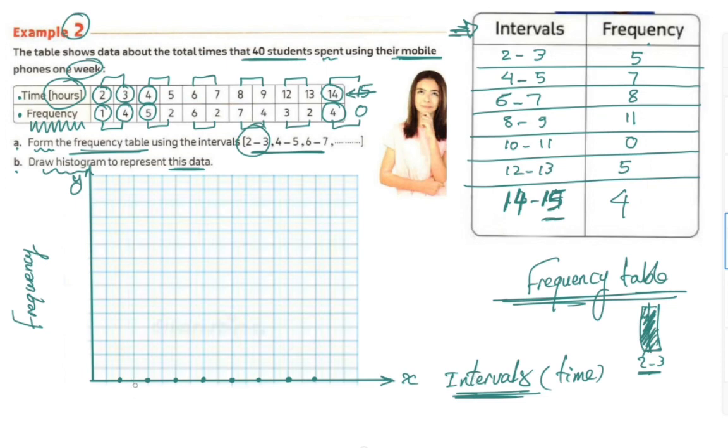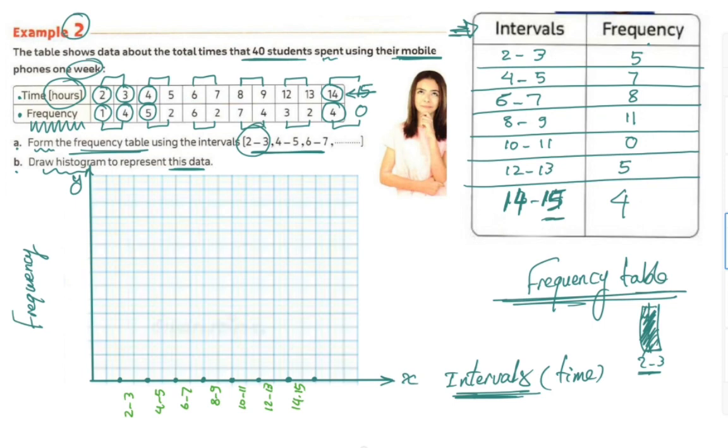So the first interval here is from 2 to 3, then this rectangle will be 4 5, next one 6 7, 8 9, 10 11 12 13 14 15.